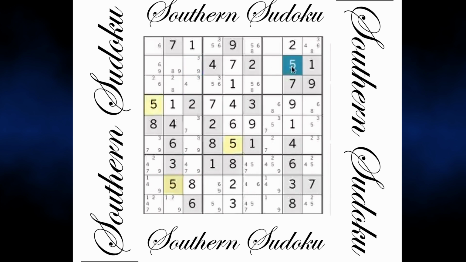Can't be there because of that one. Can't be in these 2 because of that. So that there is my only place for a 5. This is my only place for a 4.